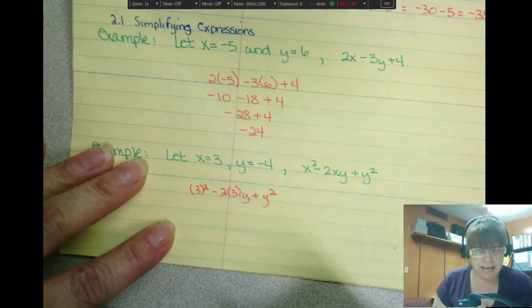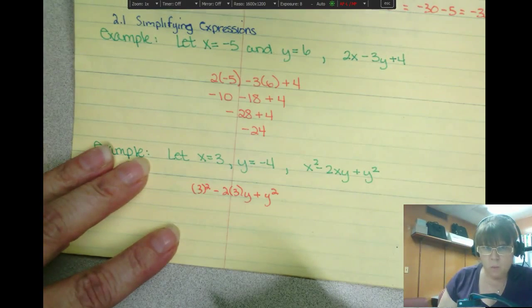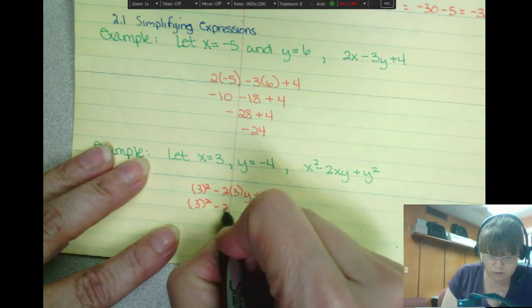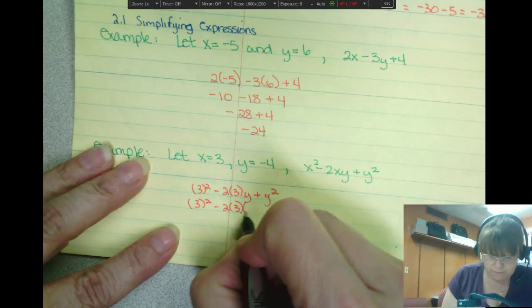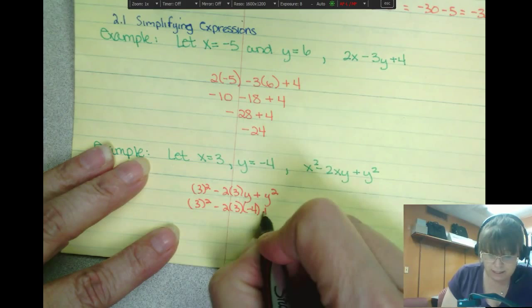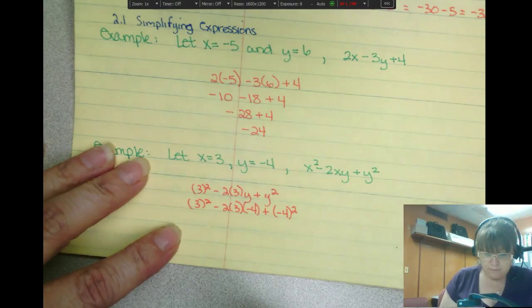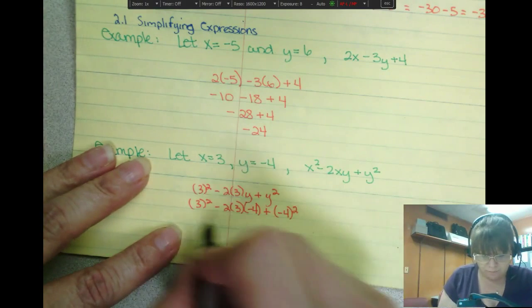I'm going to do this in steps. Now let's plug in whatever we have for y: 3 squared minus 2 times 3 times negative 4 plus negative 4 squared. And I don't have any more variables, so I can find a value for this expression.